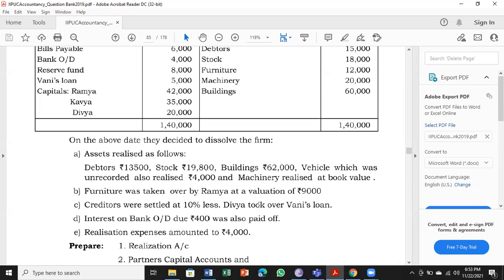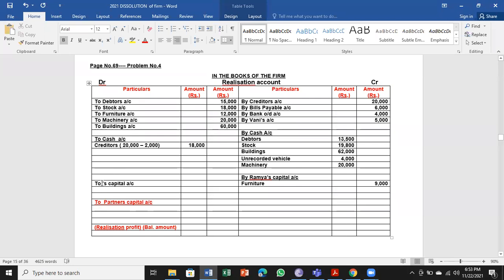Next, Divya took over Vani's loan. So Divya is a partner. So to Divya's capital account. So she took over Vani's loan. So you can see one is a Vani's loan here, 5,000. So take that over here, 5,000.